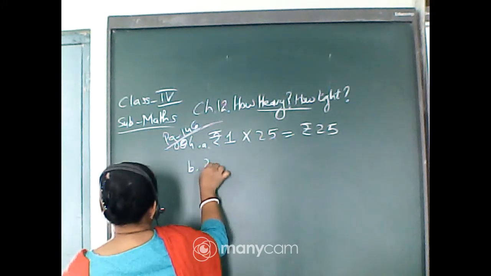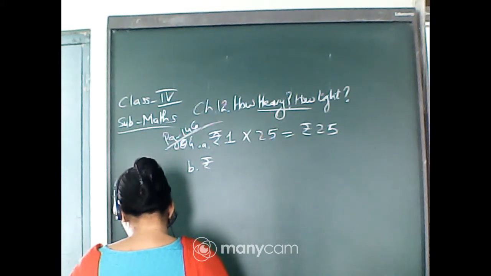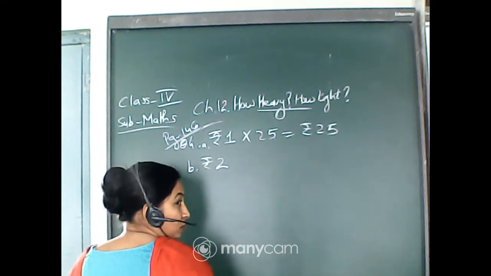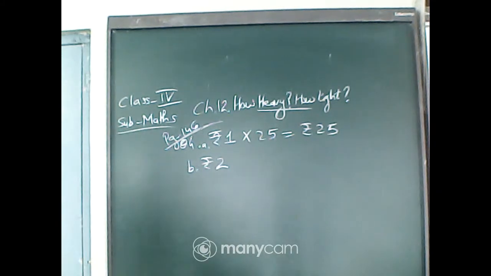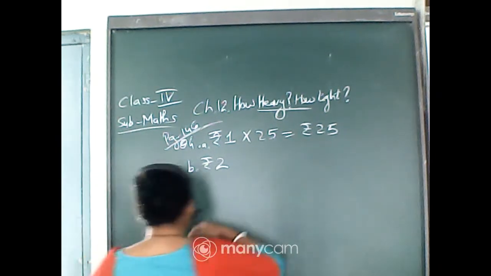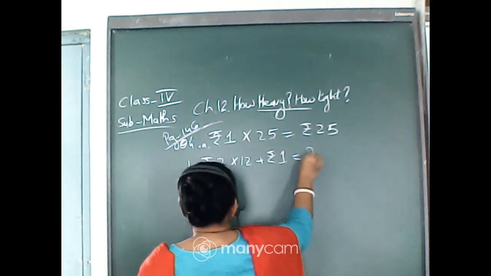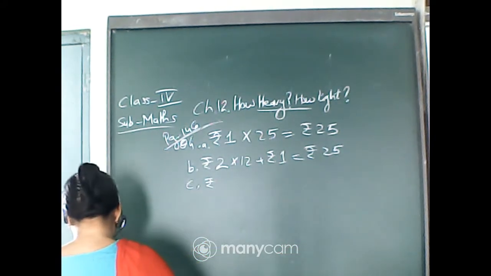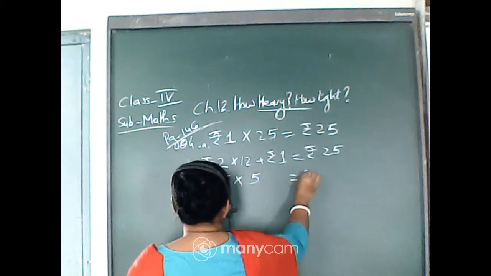Then he has one more option, he can buy rupees 2 stamp 12 times plus rupee 1. This will also be rupees 25, isn't it? Then next, for the 5 rupee stamp, he will buy 5. That also is rupees 25.